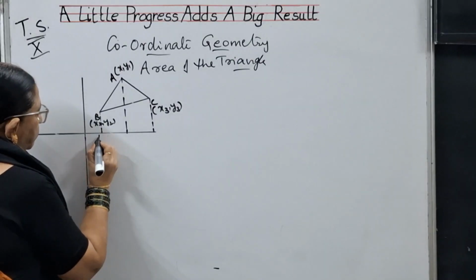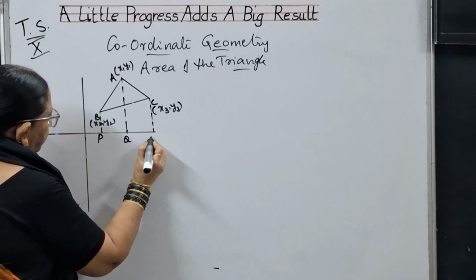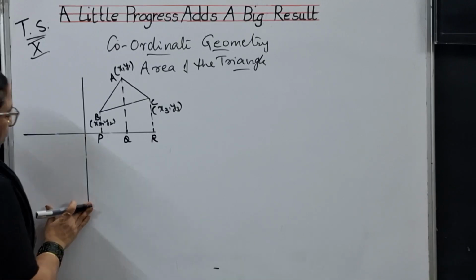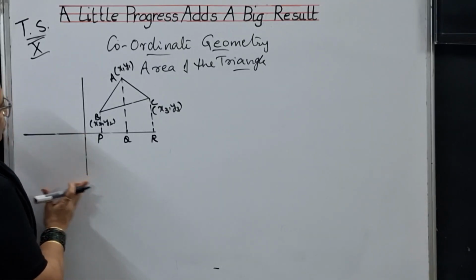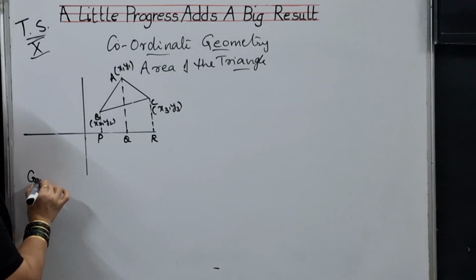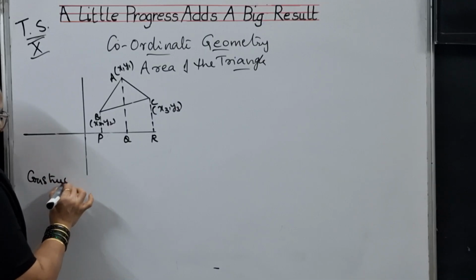Let me call these points P, Q, R. Now here, if you want to find the area of the triangle in this figure, first you write the construction part, what you are doing.